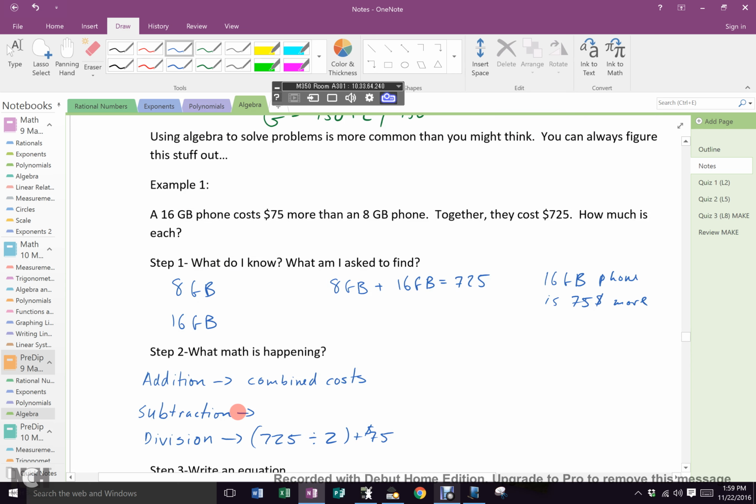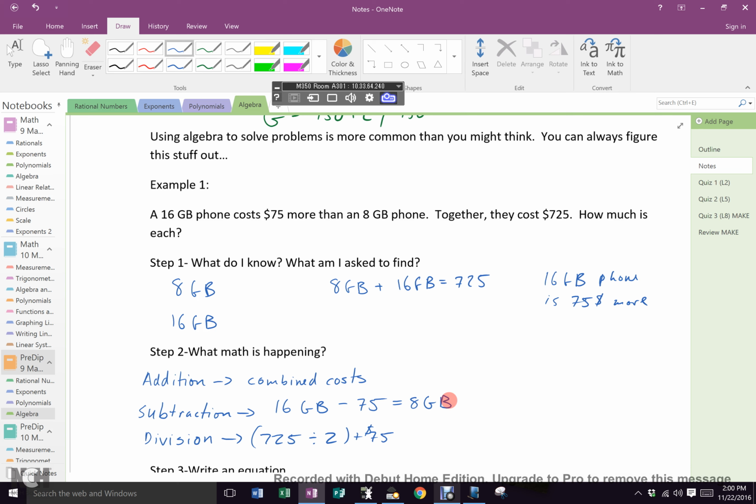I was looking for, when Carlin said subtraction, isn't the 16 gig phone minus 75 the 8 gig phone? Yeah. Right? So without even actually doing any math, we've got a bunch of math that we know we can do, don't we? Now, do we have any equations?